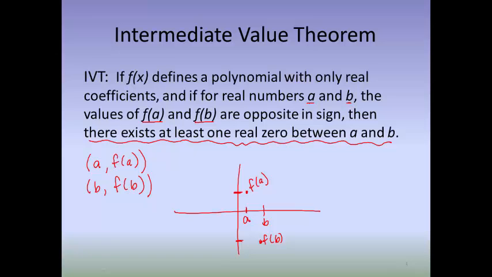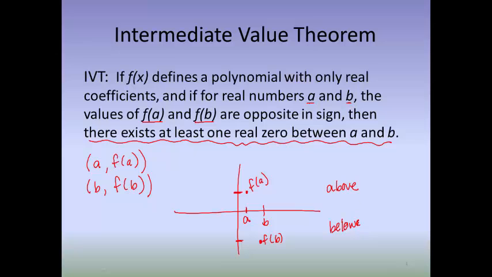So this ordered pair at the bottom is b comma f of b.